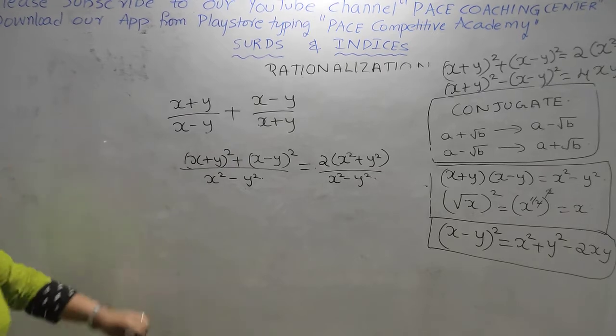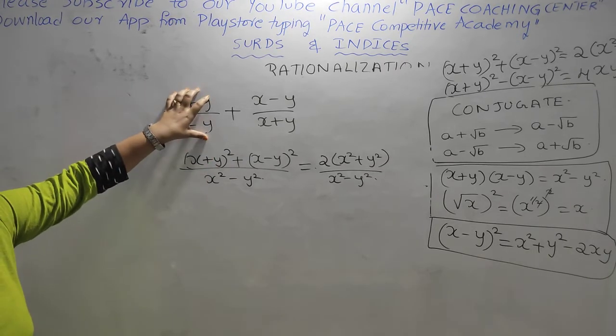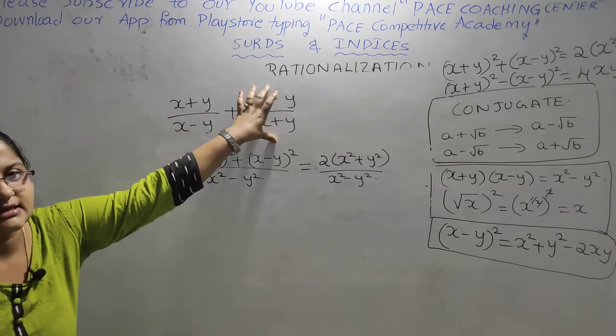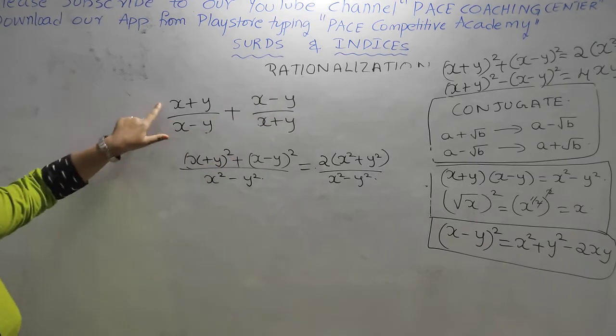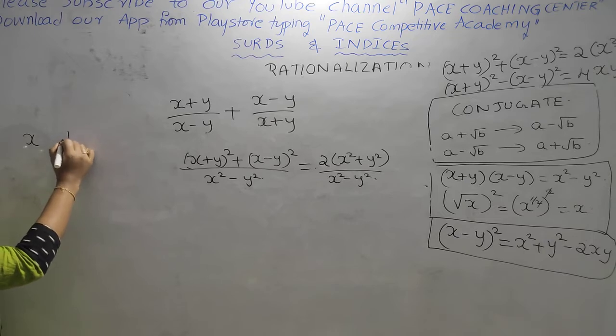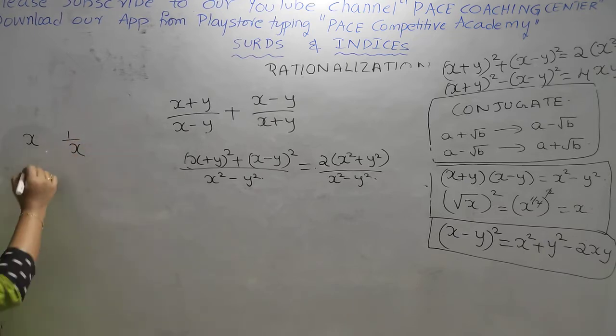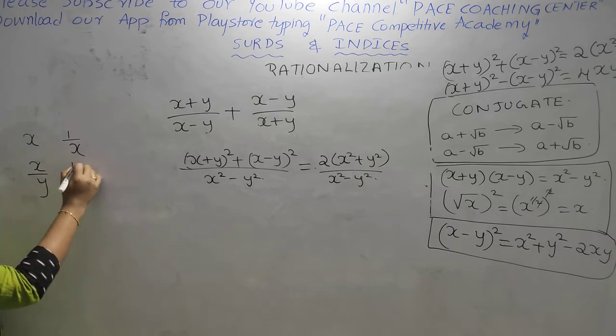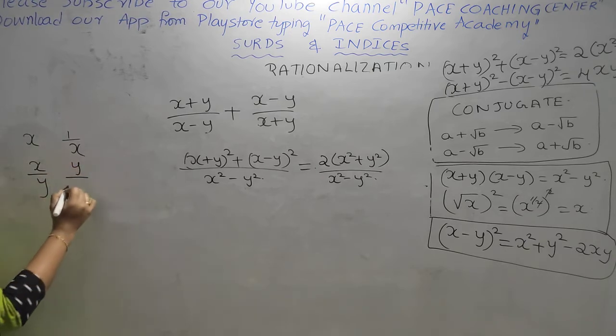Whenever a number is there, there is its reciprocal, right? What is a reciprocal? If x is given, the reciprocal is 1 by x. If x by y is given, the reciprocal, the reverse, is y by x.